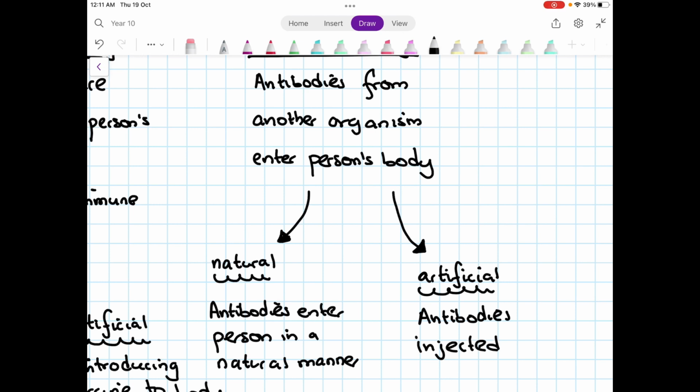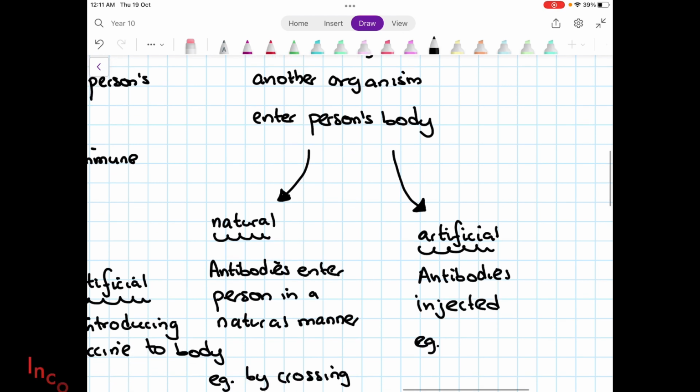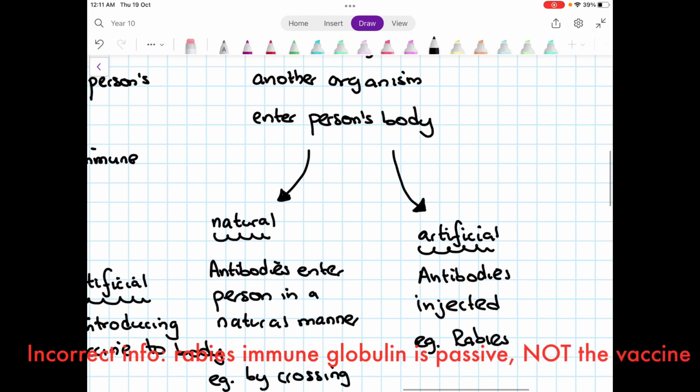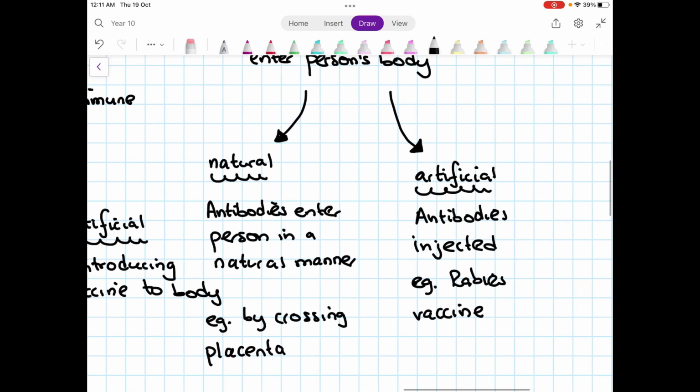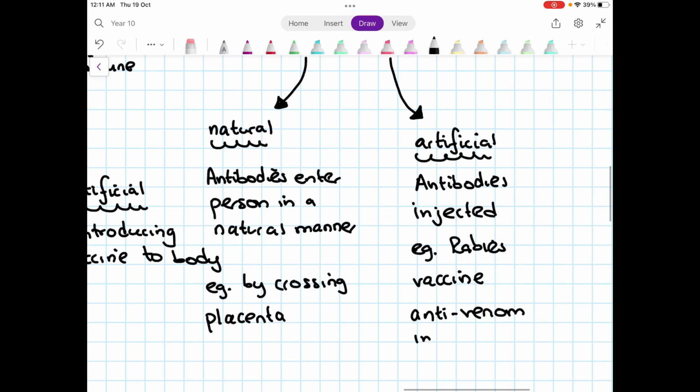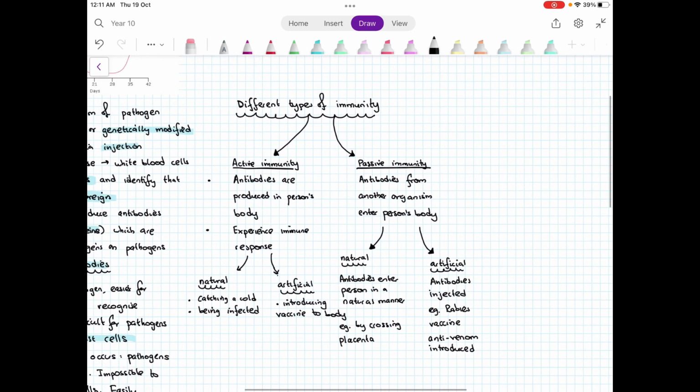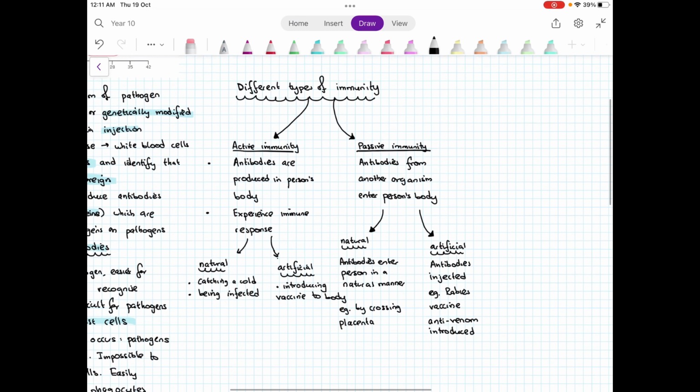So antibodies injected, and I believe this is the case for example in the rabies vaccine, as well as for when antivenom is introduced to the body. And what we say is that active immunity is more effective and long-lasting compared to passive immunity.